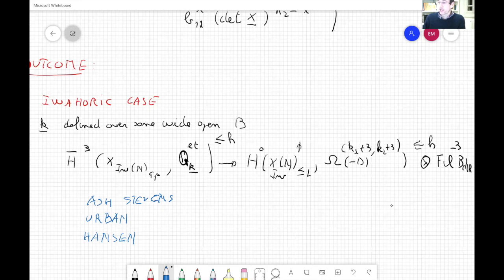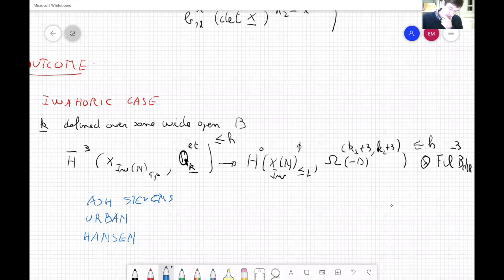So classes in this de Rham cohomology of small slope, you can prove they lie actually in the de Rham cohomology of this dense subspace, where you have the union of the filtrations, okay?